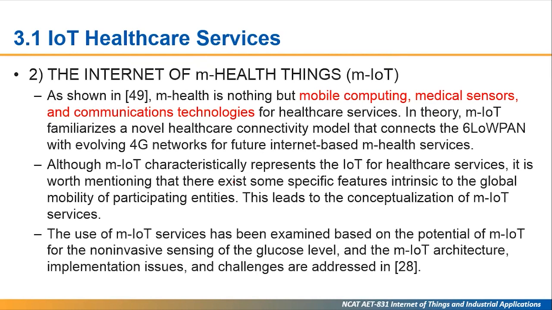In theory, mIoT introduces a novel healthcare connectivity model that connects 6LoWPAN with evolving 4G networks, now 5G networks, for future internet-based mHealth services. Although mIoT characteristically represents the IoT for healthcare services, it is worth mentioning that there exist some specific features intrinsic to the global mobility of participating entities.